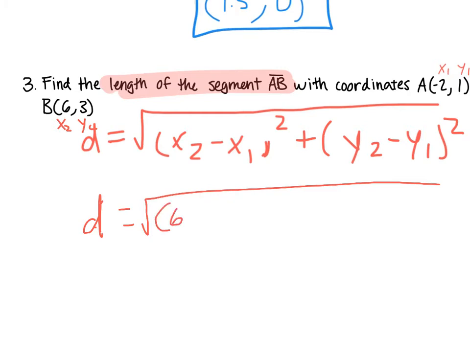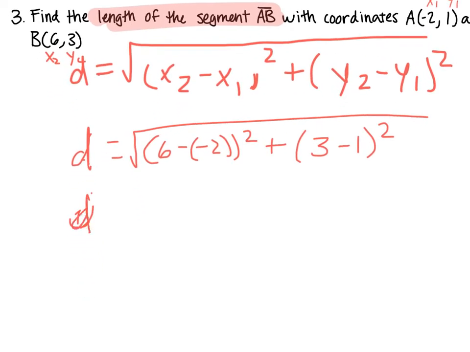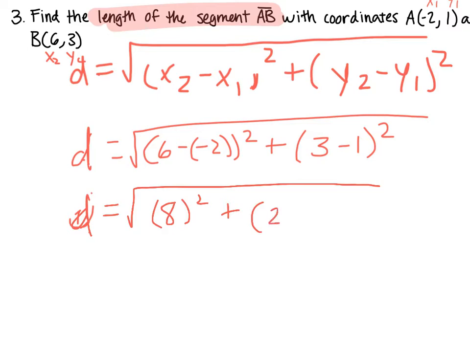So we have x2, which is 6, minus x1, which is negative 2. That's squared, plus y2, which is 3, minus y1, 1 squared. So we have the distance is equal to the square root of, what is 6 minus negative 2? 8 squared, plus, what's 3 minus 1? 2 squared.